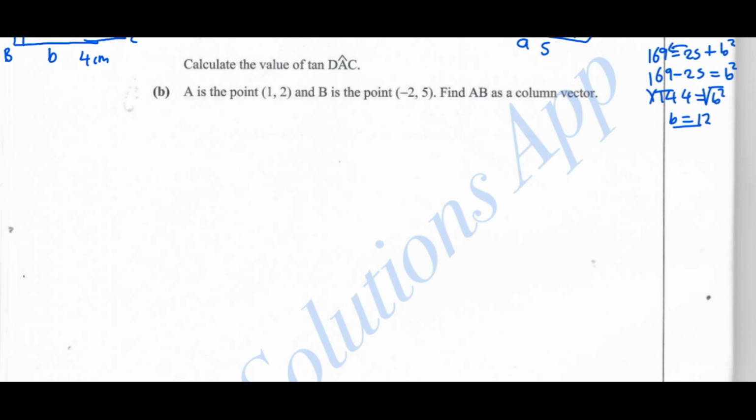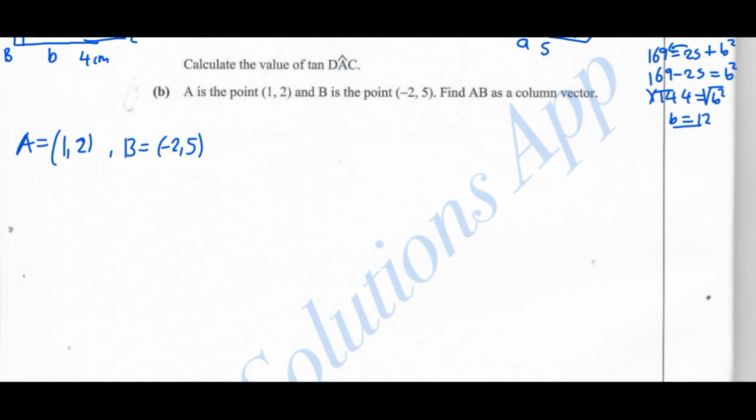So for a question like that, for us to find AB, A has these coordinates 1, 2, then B is -2, 5.